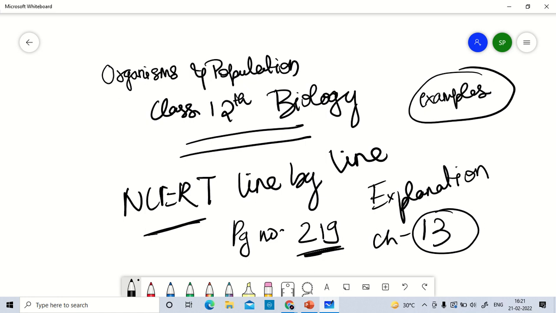Last class we read about the living world, the diversity, classification, all of that. We will read these further in detail.